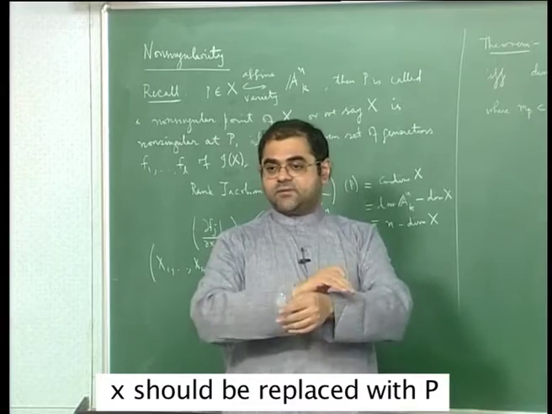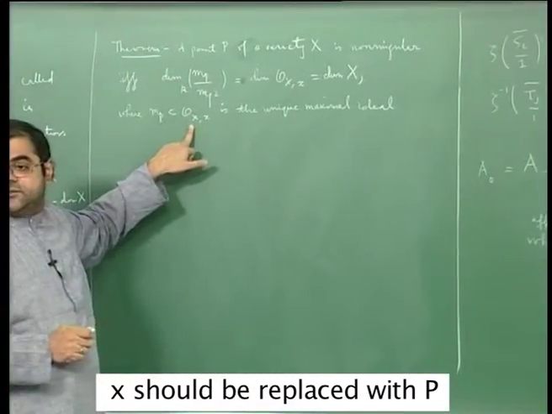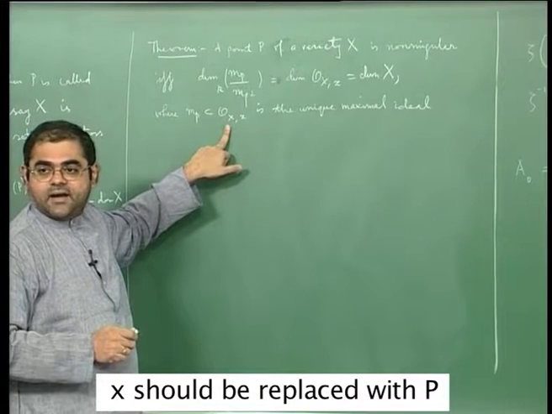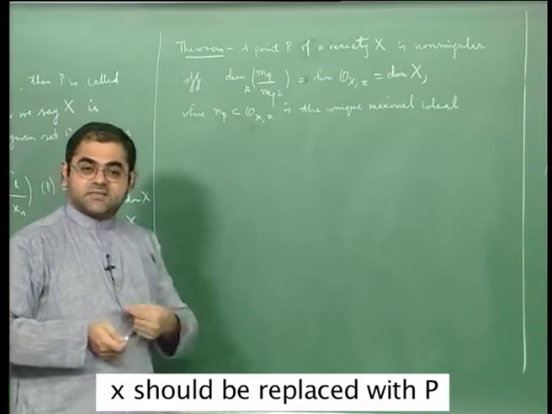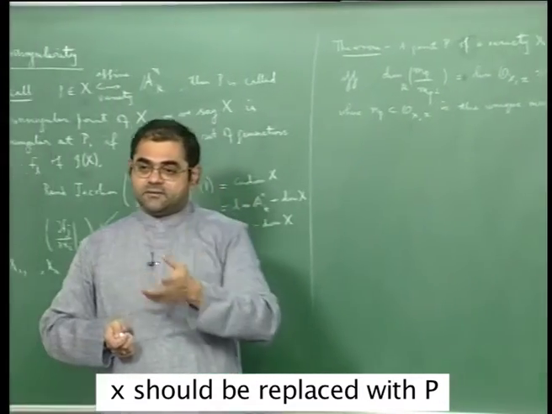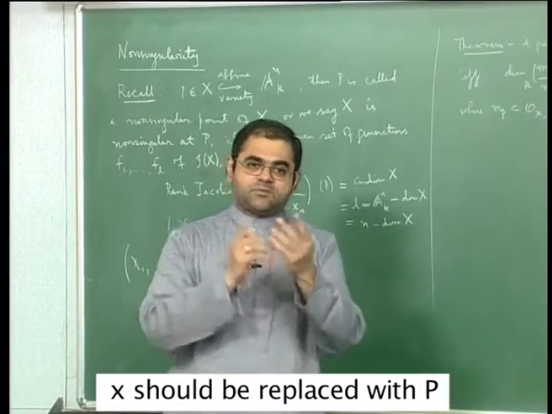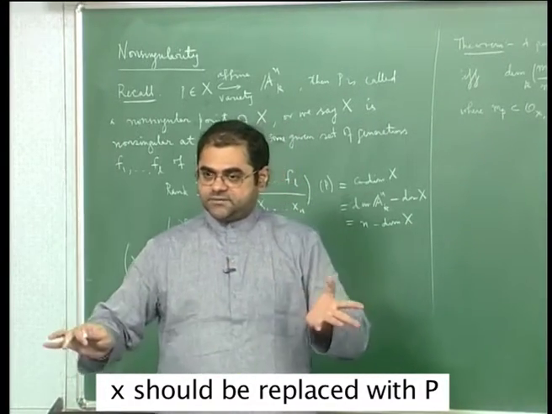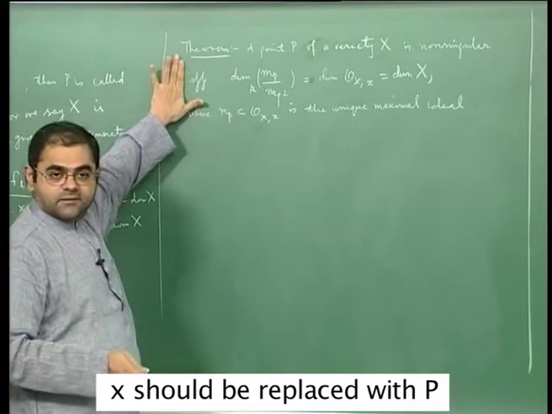The condition is completely in terms of things which are intrinsic to the variety, and which do not depend on the variety being seen as an irreducible closed or open subset of an irreducible closed set in some affine space or some projective space. Nobody is bothered about these things. That is the reason why this theorem is very, very important.